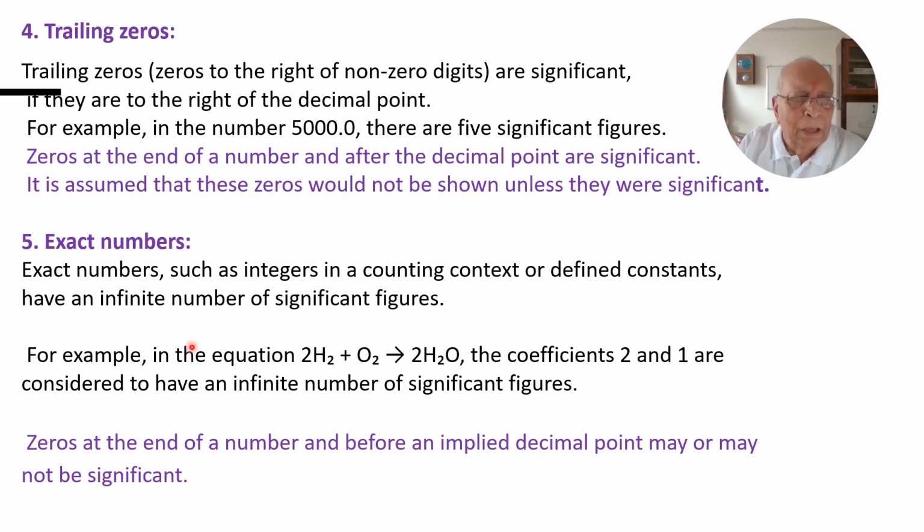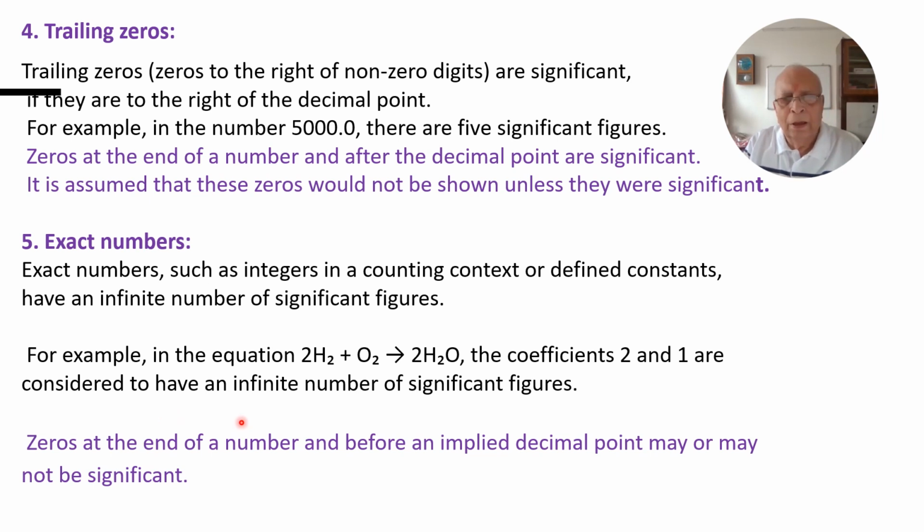Now, one thing is again important: an exact number, which I give you here as a coefficient. 2H2 plus O2 is equal to 2H2O. This is a simple equation where two molecules of hydrogen combine with one molecule of oxygen and form two molecules of water. And coefficients 2 and 1 are represented here.